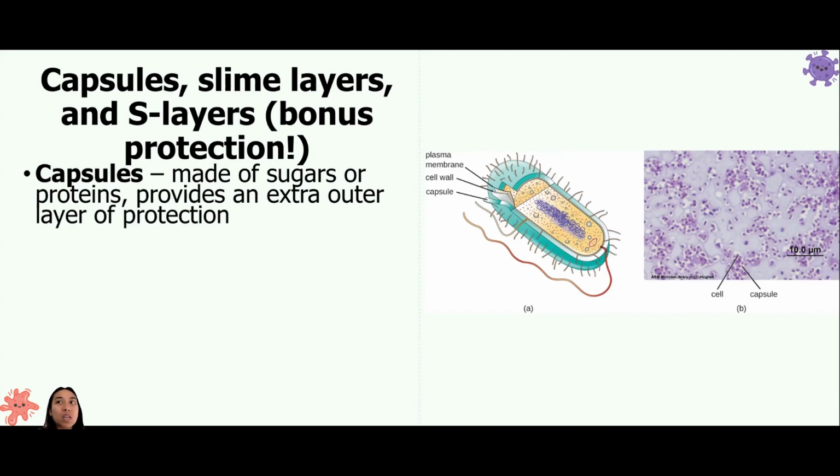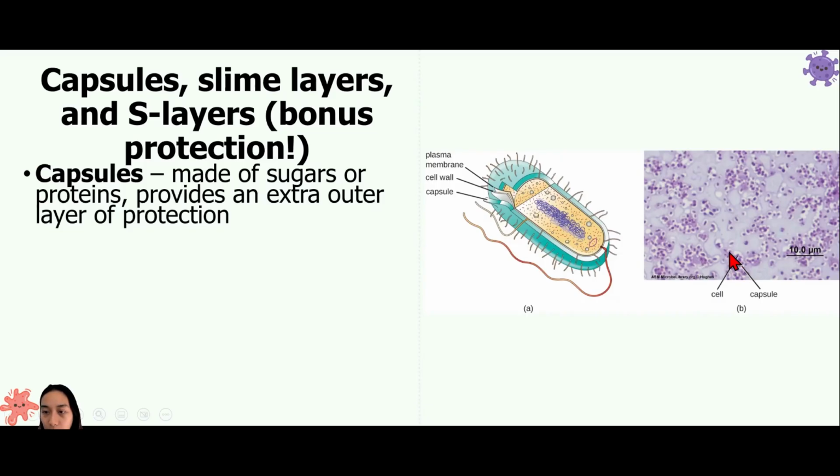If they're feeling icky, maybe they'll add extra layers, right? It's kind of like us, like, oh, it's cold outside, I'm going to add an extra coat. It's just whatever they're feeling that day. They're just vibing. Anyway, so some bacteria can produce capsules. Capsules are made of sugars and proteins, or both, or one, whatever. And they just secrete this stuff out. And it adds this extra layer of protection.